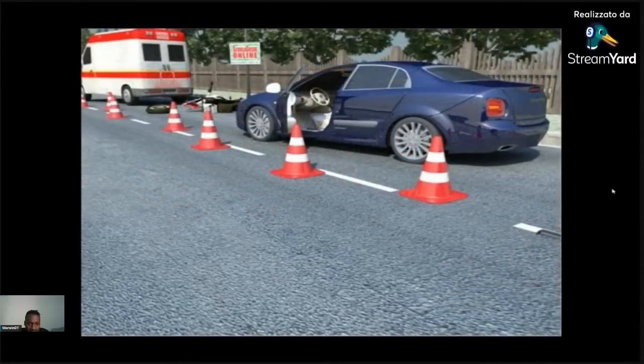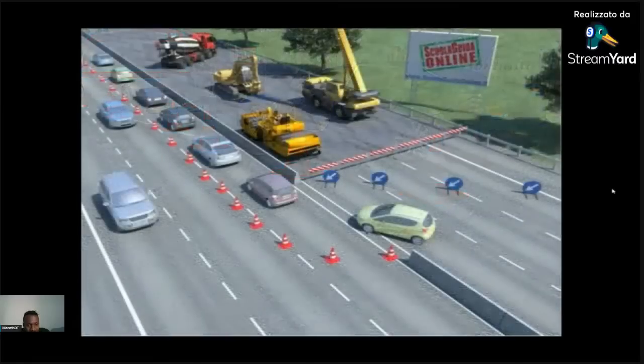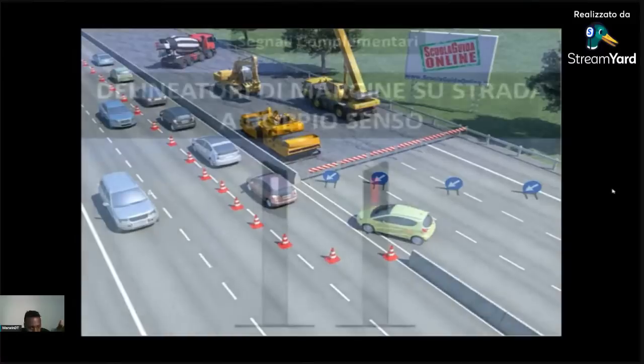So you see here, there is an accident. So you use the corner to delimit the area for other vehicles not to enter or to be involved in that danger. The corner is also used to divide the carreggiata. To divide what? The carreggiata. For the vehicles to circulate on a specific part of the road.